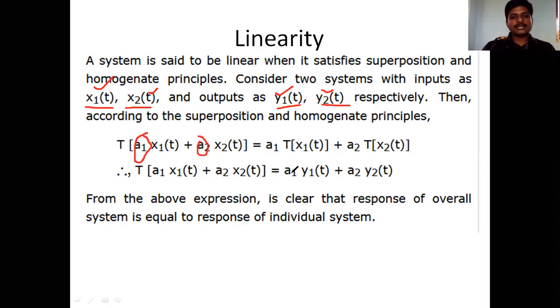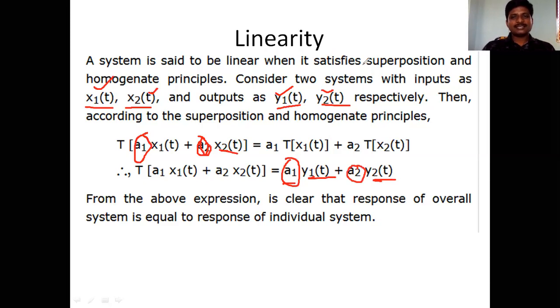Finally, I should get the same variables on the output: a1 times y1 of t, because x1 is the input and y1 is the output of the first system. Similarly, x2 is the input and y2 is the output of the second system. If you multiply x1 of t with a1, then the output must have a1 in it. Similarly, if you multiply x2 of t with a2, then the output must have a2.